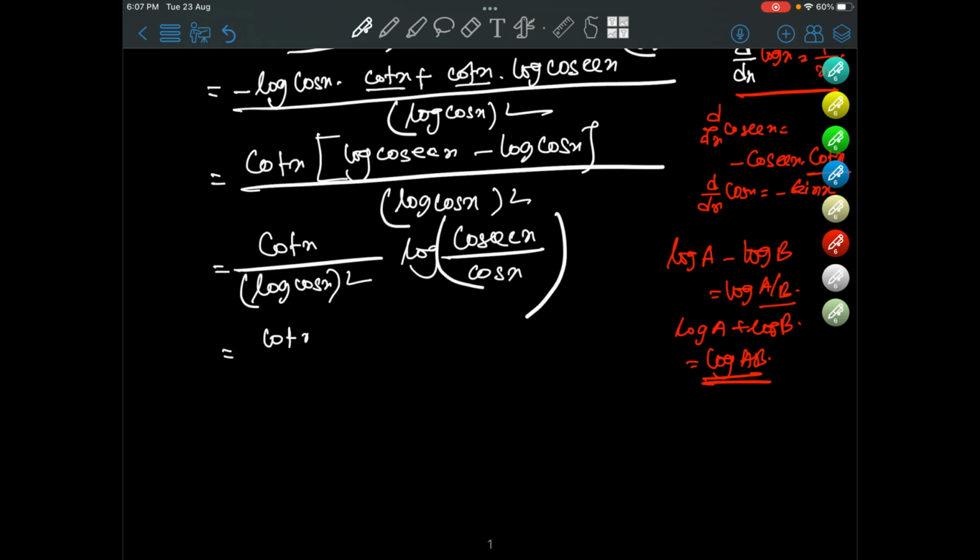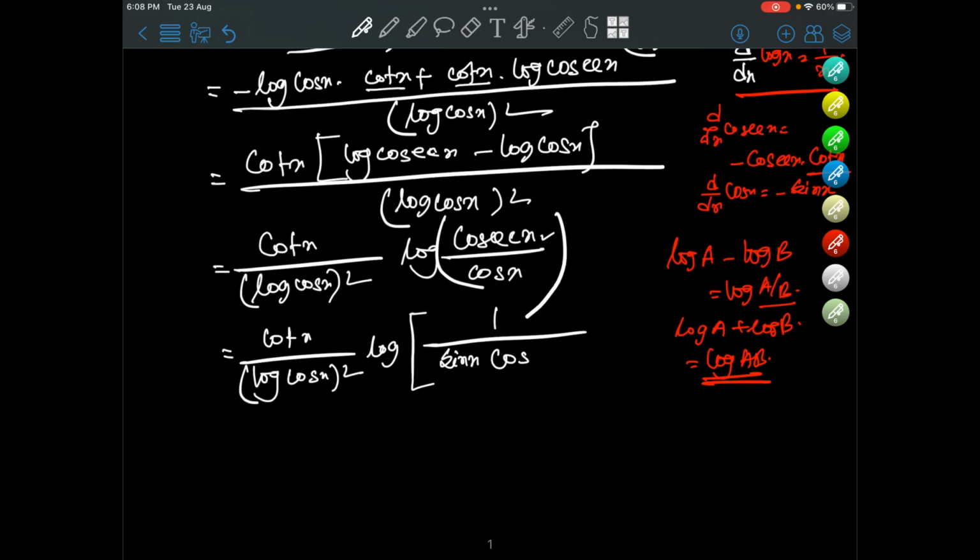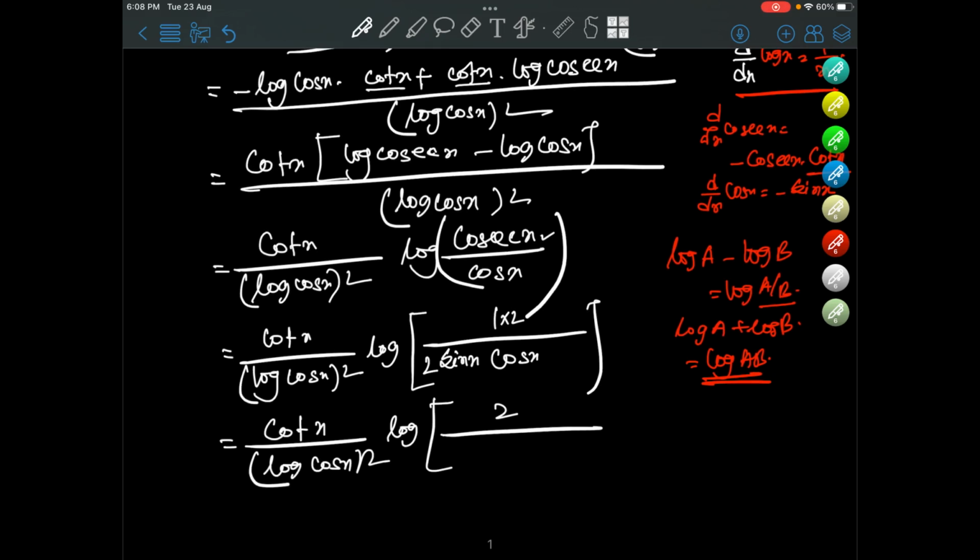So cot x by log of cos x whole square. Here we will do some tricks, trigonometric tricks: cosec x by cos x equals 1 by sin x into cos x, and now we multiply the numerator and the denominator by 2. So cot x over log of cos x whole square, then log of 2 over sin 2x. Why am I writing sin 2x? Because sin 2x equals 2 sin x into cos x.